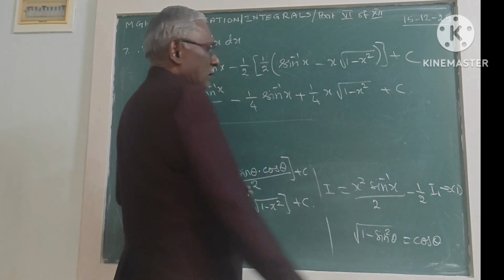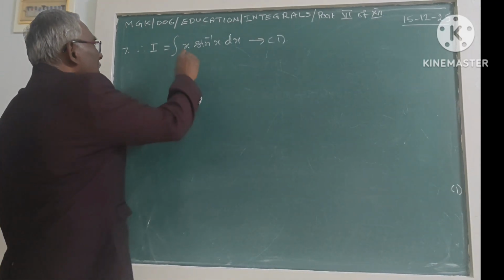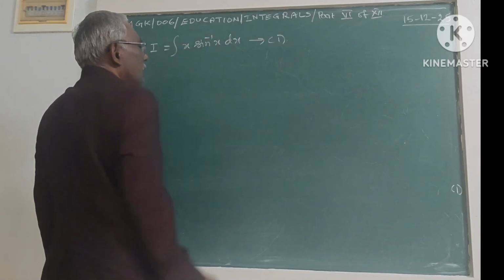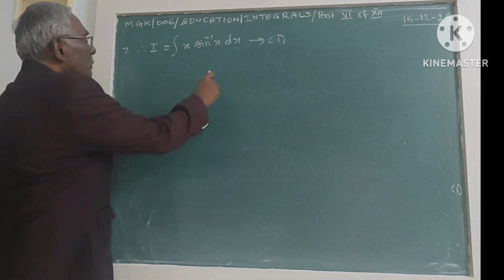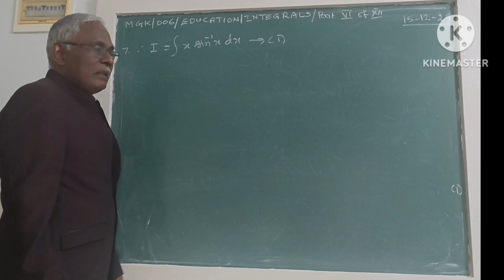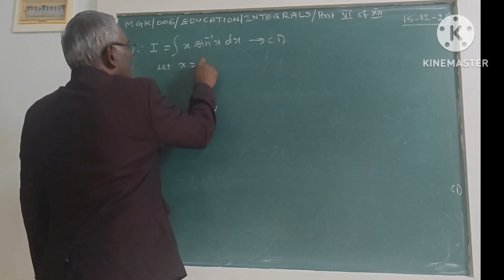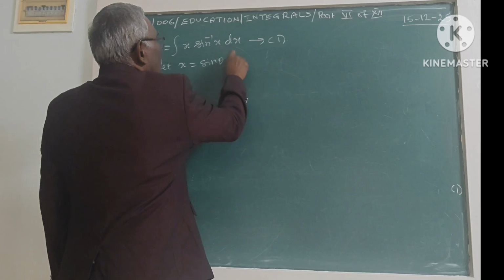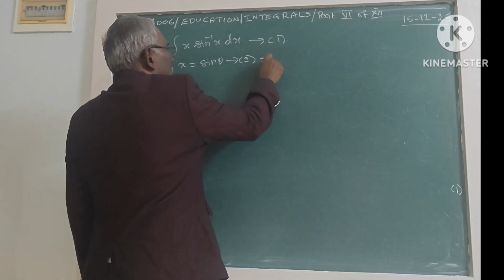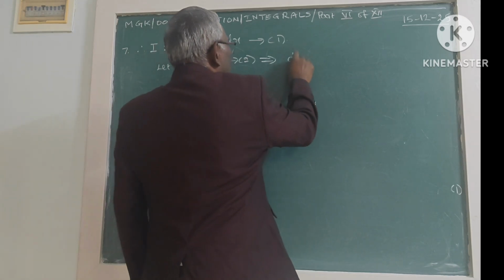So this is the answer. So we have to integrate integral x sine inverse x dx. So if you put x is sine theta, this becomes theta. This gets simplified. Let x is sine theta, we get dx is cos theta d theta.